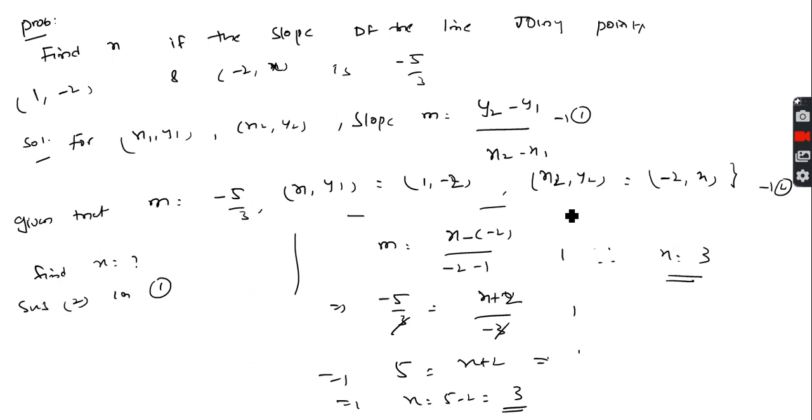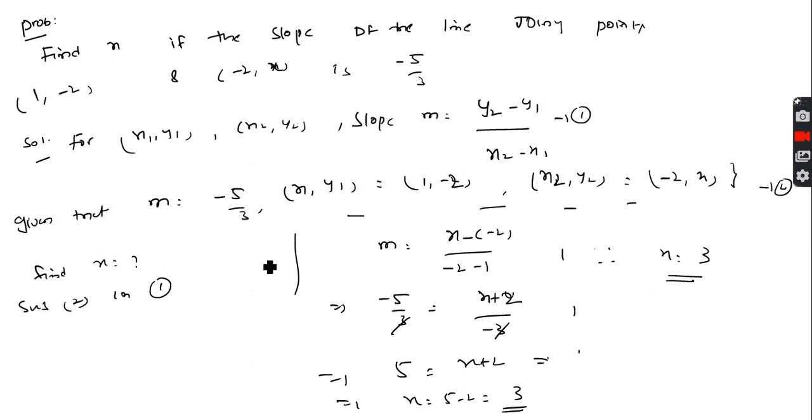So how are we finding this? Given that x1 y1 and x2 y2 are the 2 points, what is the formula for slope? The slope equals y2 minus y1 by x2 minus x1. And what is given? m equals minus 5 by 3, x1 y1 equals 1 comma minus 2, and x2 y2 equals minus 2 comma x.